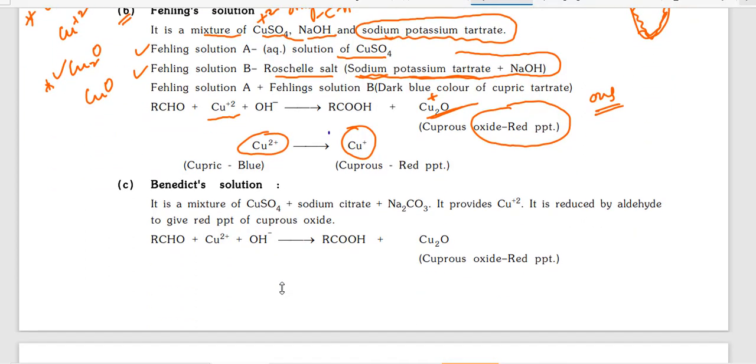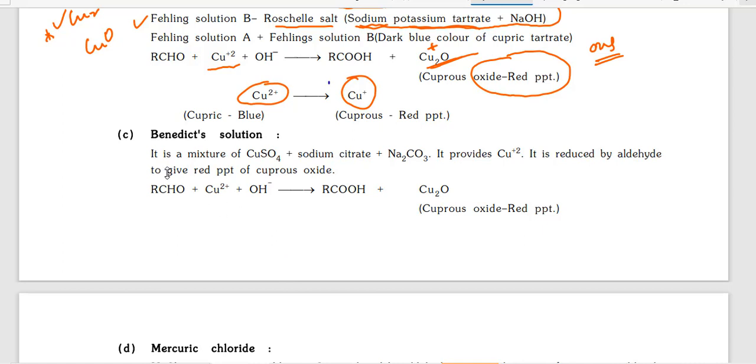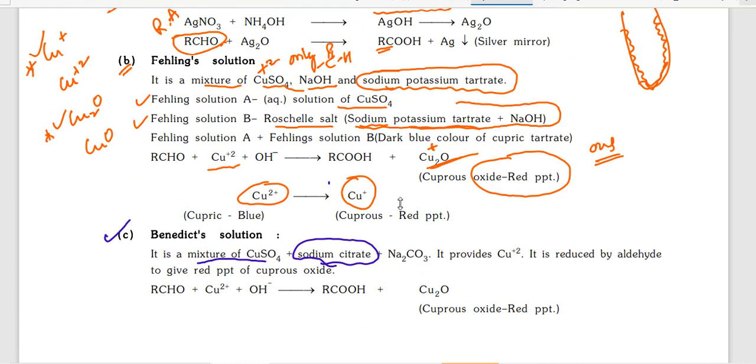Next, Benedict's solution. This is also similar. It is a mixture of copper sulfate and sodium citrate. This is the only main difference: there sodium potassium tartrate, here sodium citrate. The copper sulfate is the same in both.